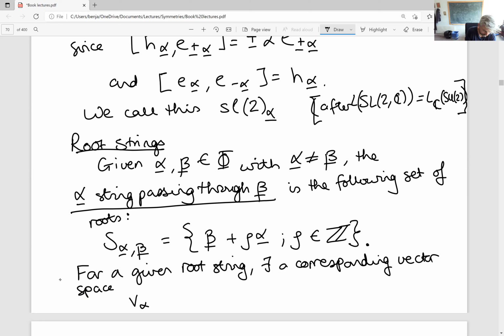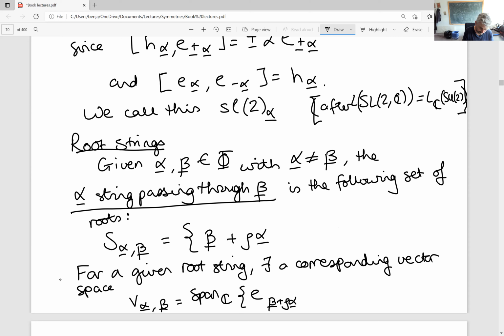And this we'll call V alpha beta. So this is the span over the complex numbers of the various E of E beta plus rho alpha, where, oh, sorry, I missed out a very important thing.